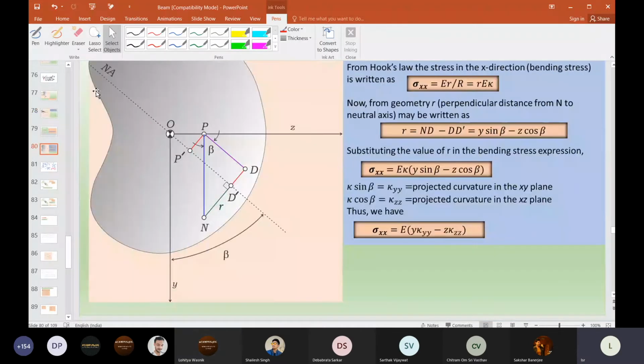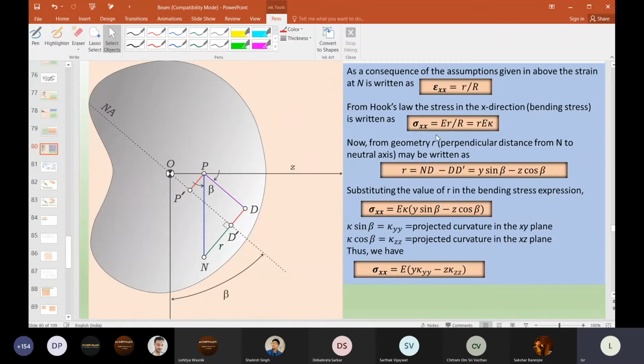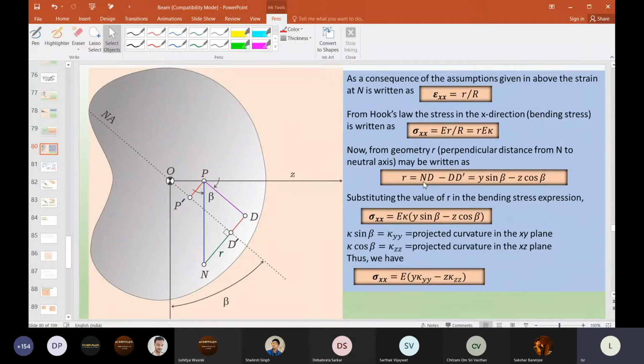Now we will go ahead from Hooke's law. We know what sigma xx is. This is E into kappa into r. Then r we said we will differ this one. So sigma xx is equal to E kappa y sine beta minus z kappa.